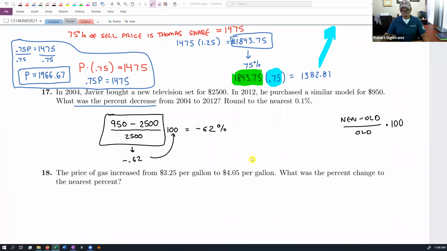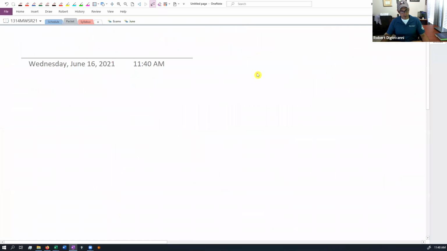So I'm going to write this down. I'll just do a new page here. So one 2x4, 8 foot long, was $5.36. And this was at Lowe's, okay? And this was in December of 2020. All right.